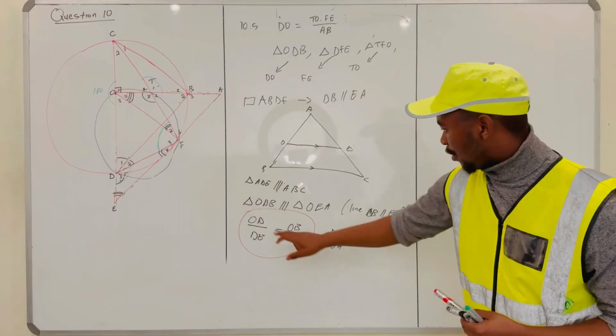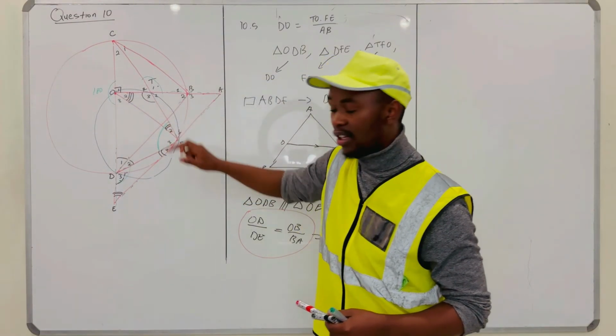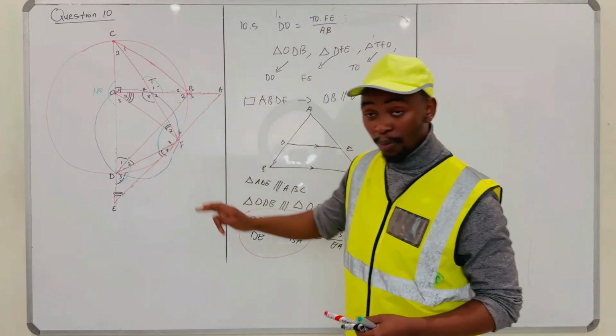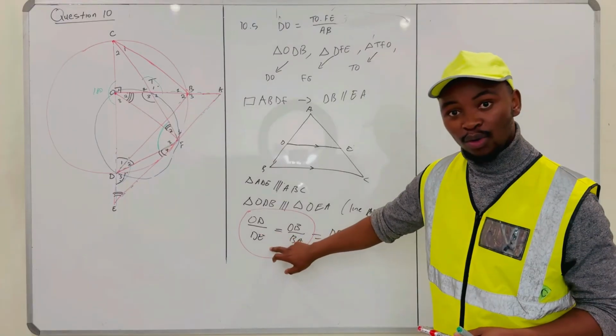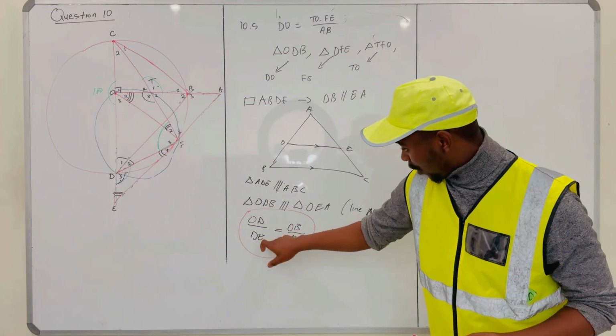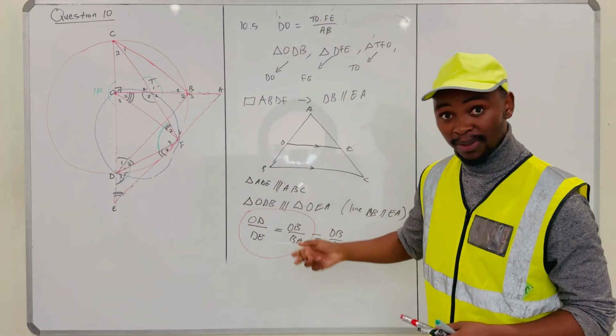But what is special about OD and OB? OD and OB, that's a radius. Like this OD is a radius and OB is a radius. We can make a conclusion here that if this is equal to this, this one should definitely be equal to this one, because this ratio must be maintained.